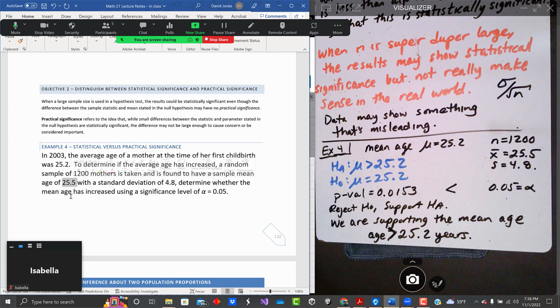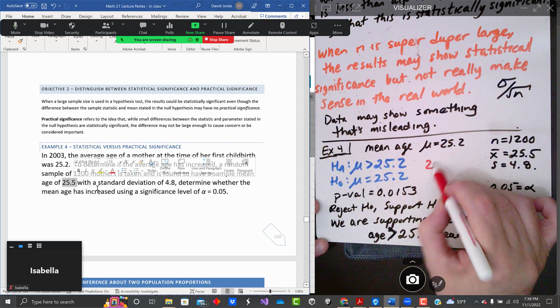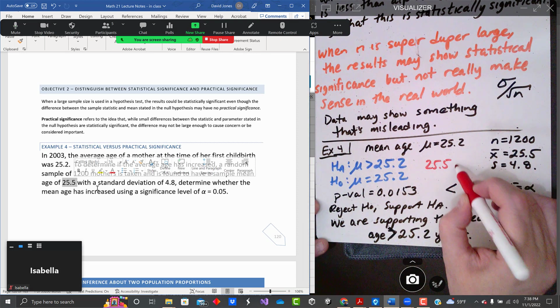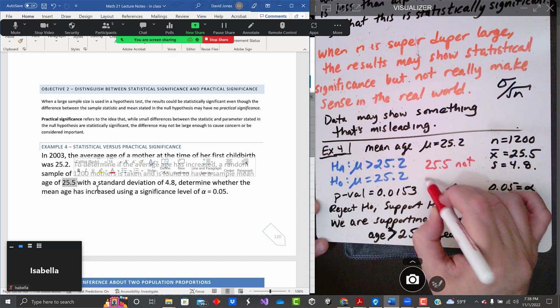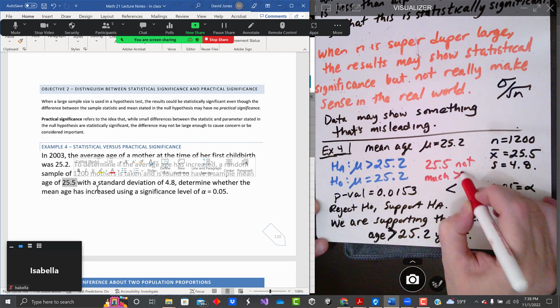It's literally 3 months older. So while this shows statistical significance, it's not really practical. Does that make sense? So 25.5 is not a lot greater than 25.2.